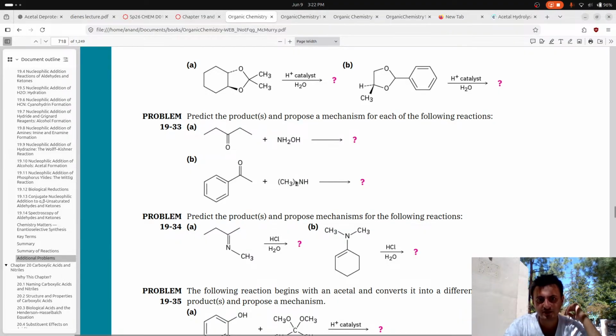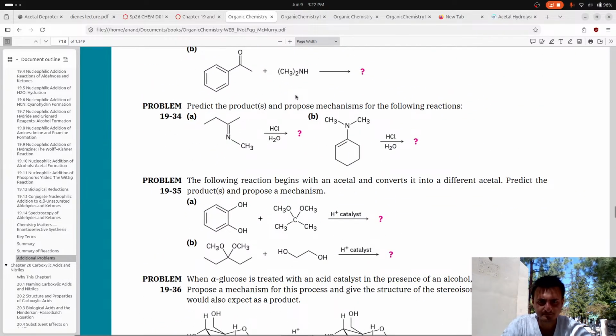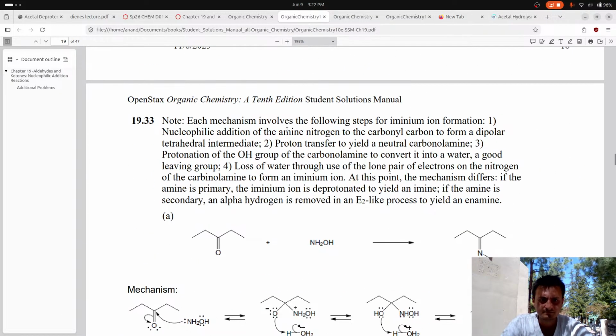Now this one is where you get the enamine formation. Minimize information: nucleophilic addition, the amine coupling, to transfer neutral covalent, which combined convert into a water good leaving group.